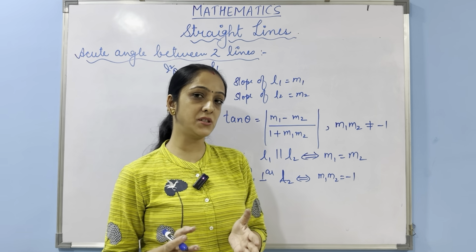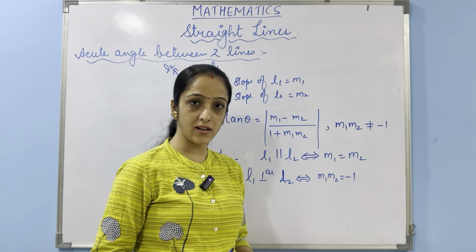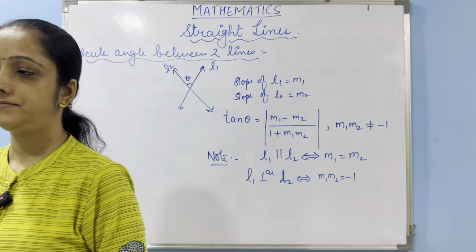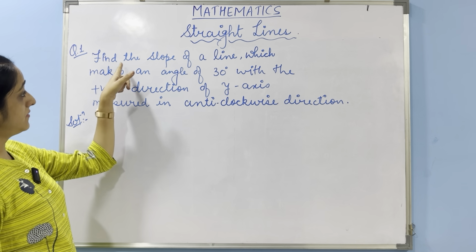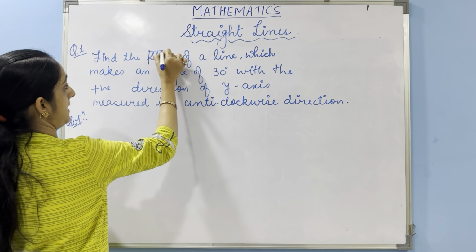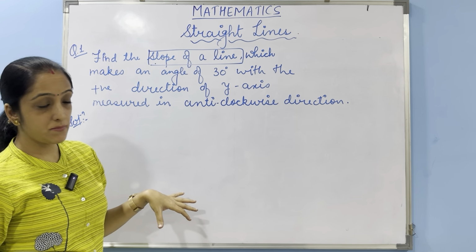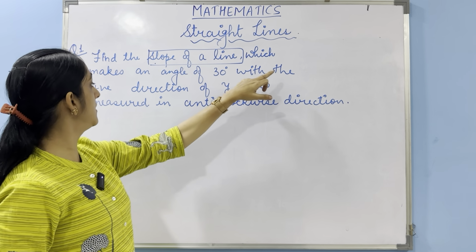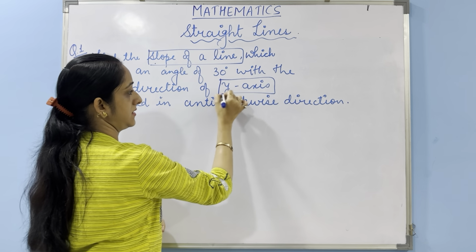Now, after this much theoretical part, we will see some problems based on inclination and slope. So let's see the first question, where we need to find the slope of a line. It is a line which makes an angle of 30 degrees with the positive direction of the y-axis.